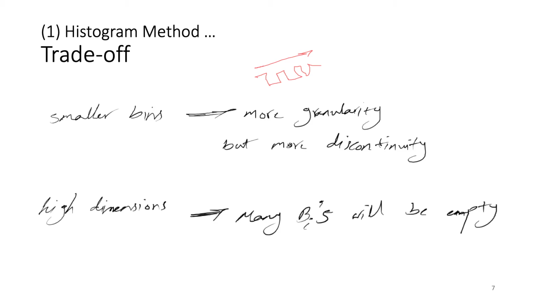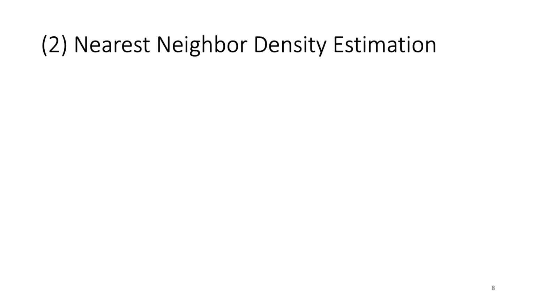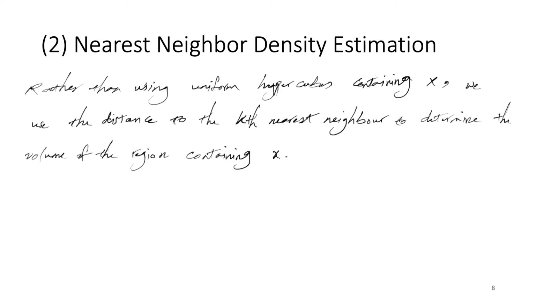All right, now let's talk about our second technique, which is the k-nearest neighbor estimator. Let's see if that one can help us better with more fine-grained shapes and more curvature. So here, rather than using uniform hypercubes for our B's, we use the distance of the k-th nearest neighbor.